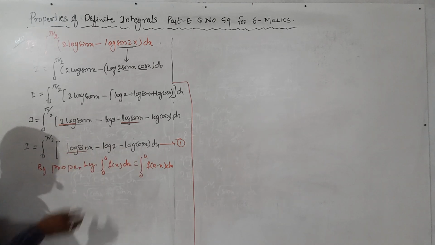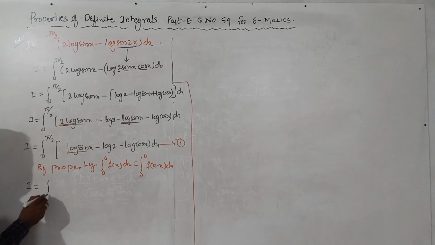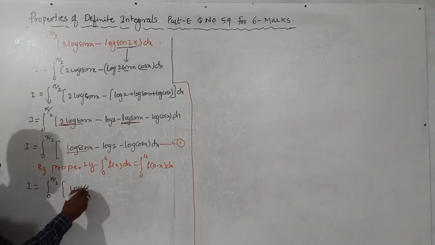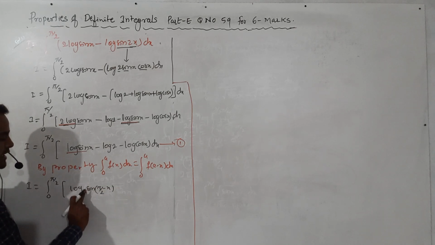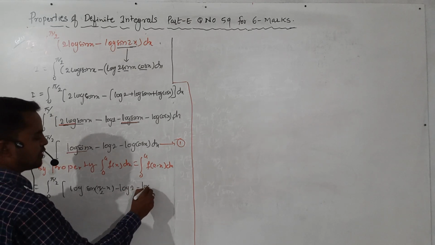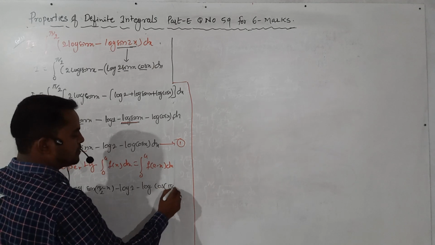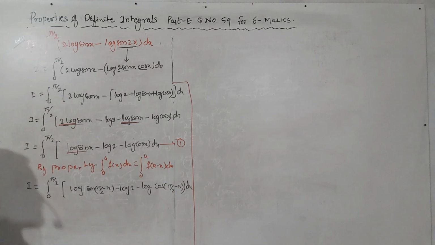The log 2 stays as it is. Therefore, I is equal to the integral of 0 to 5 by 2 of log sin 90 minus x minus log 2 minus log cos 90 minus x dx.